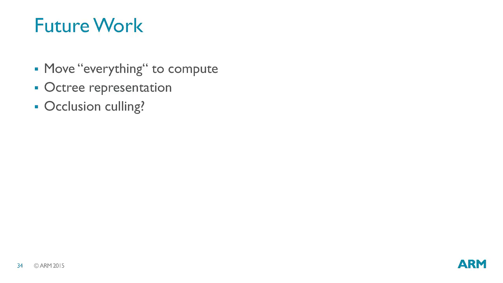So for future work, move everything to compute as well. Not only use compute shaders for doing spherical harmonics parallel reductions, but also doing the actual shading using compute shaders.